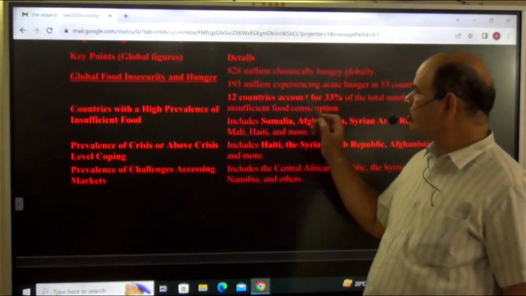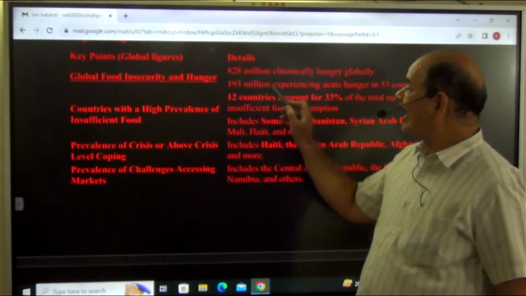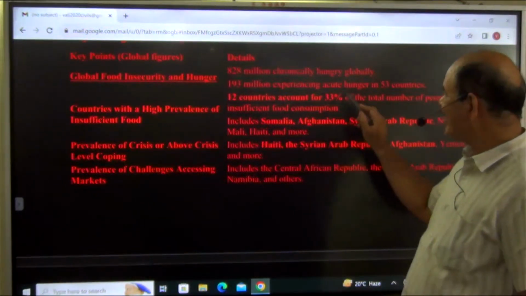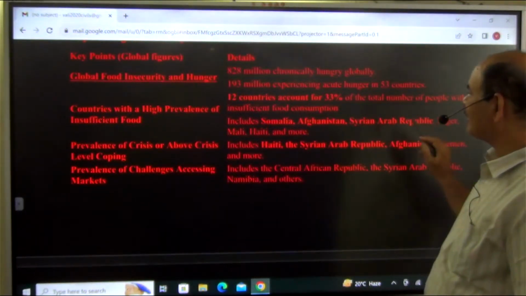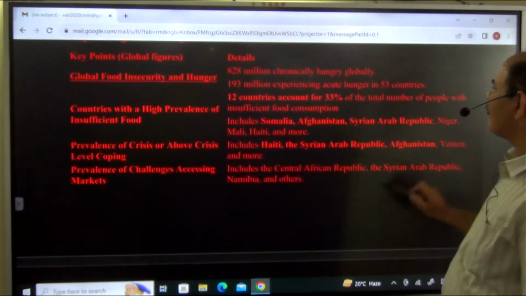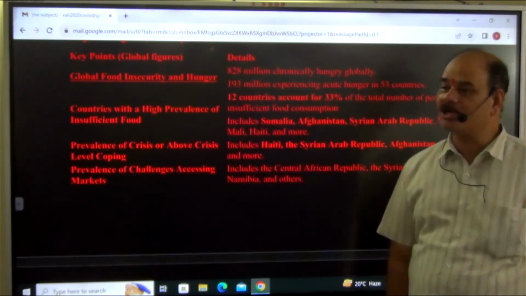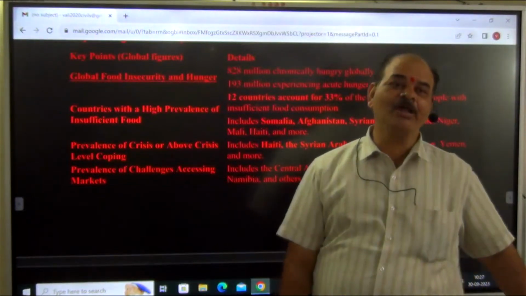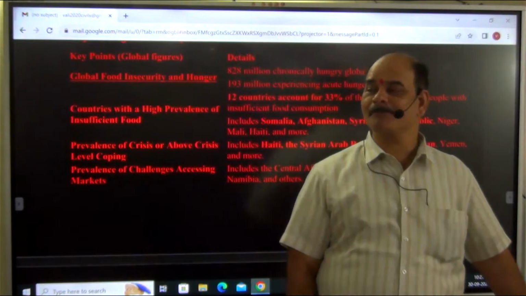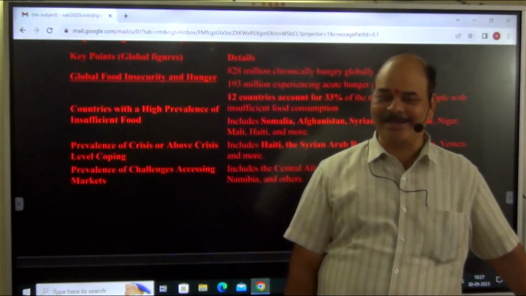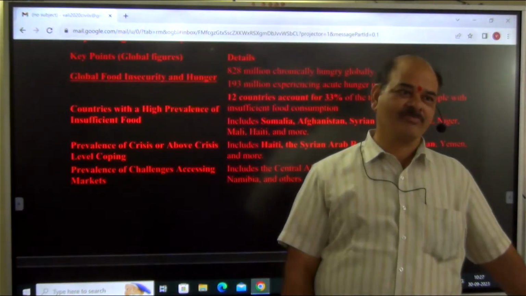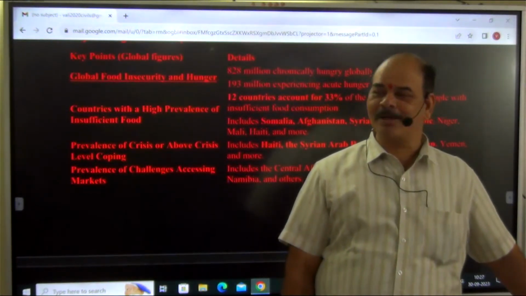The report says that 828 million are chronically hungry globally, and 193 million are experiencing acute hunger in 53 countries. 12 countries account for 33% of the total number of people with insufficient food consumption. The World Health Organization has fixed a calorific intake of 2,100 calories per capita per day.